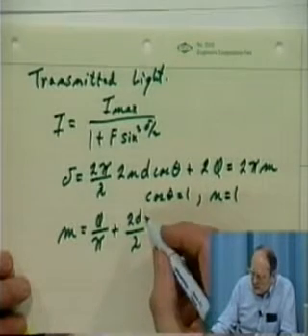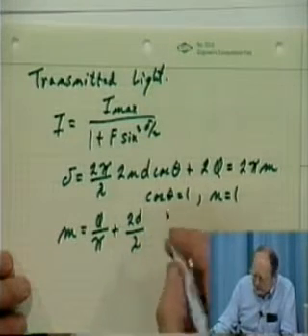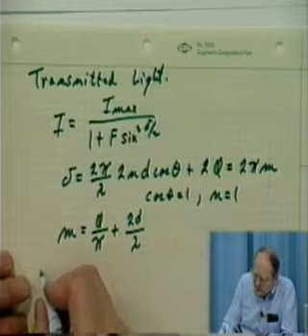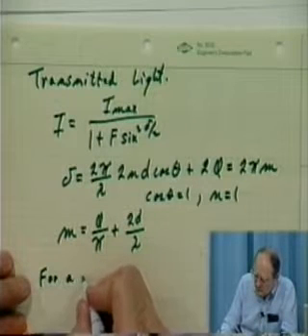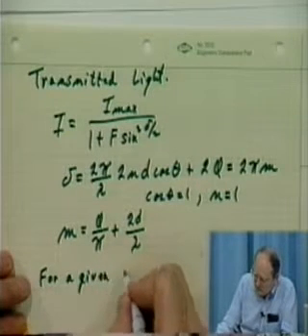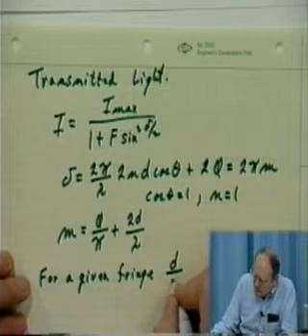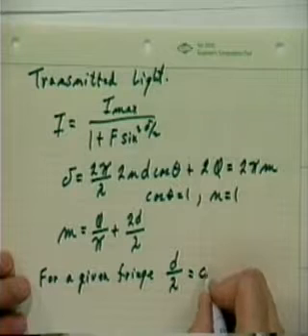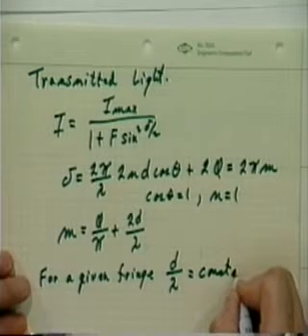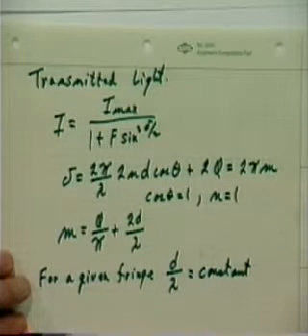And so the kind of interesting thing here is that for a given fringe, d over lambda is equal to a constant. Okay? That's kind of interesting.